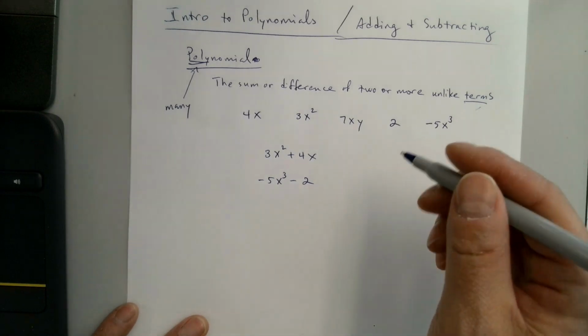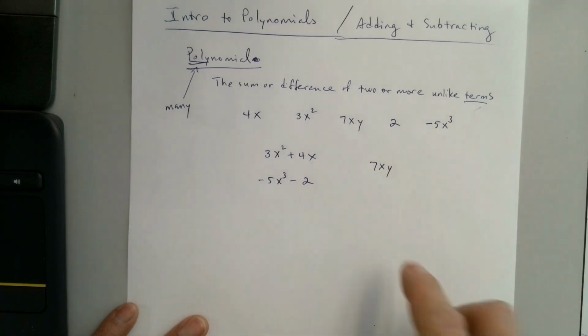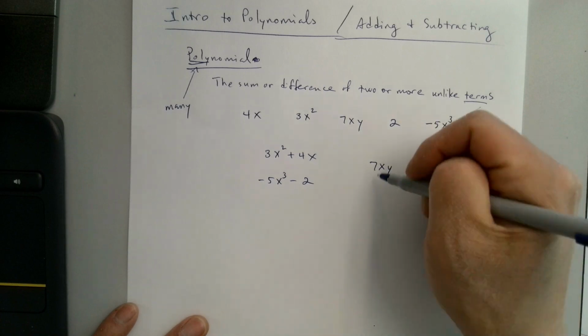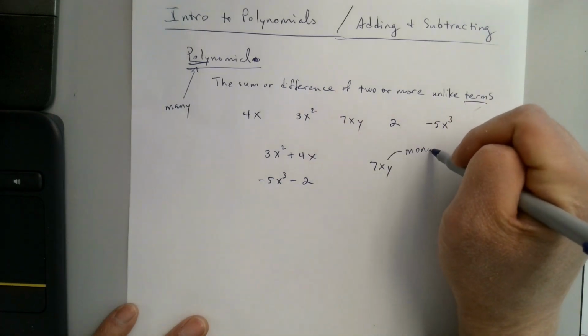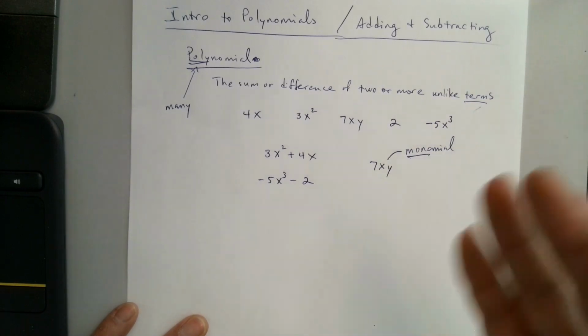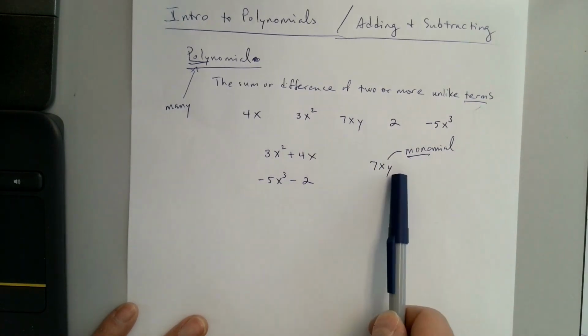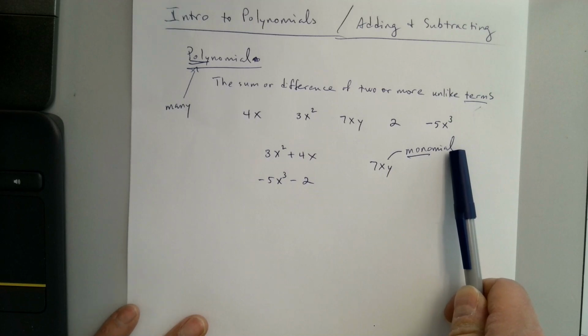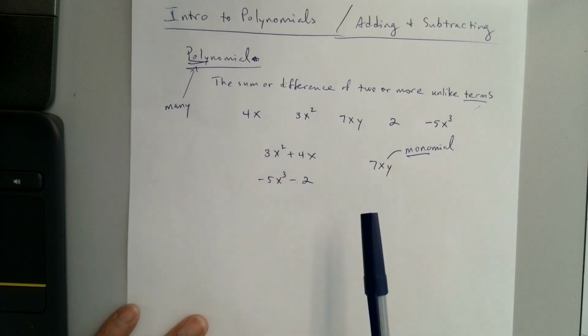If I just take a single one, that's not a polynomial. We call this a monomial. Mono means alone or one. So one term, monomial. More than one term, polynomial.